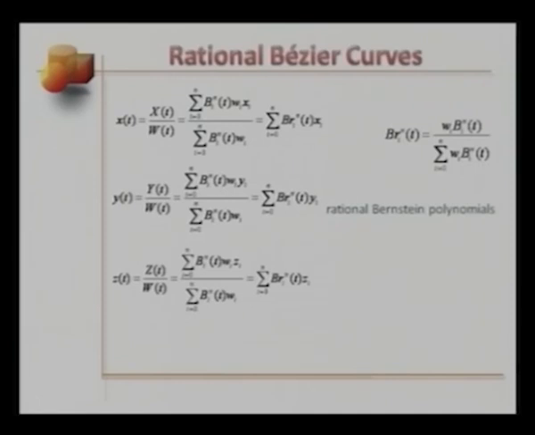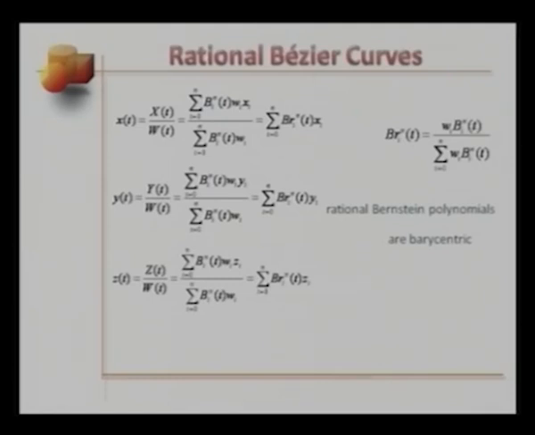You can think of br sub i super n as rational Bernstein polynomials. Notice that like the original Bernstein polynomials, they too are barycentric.